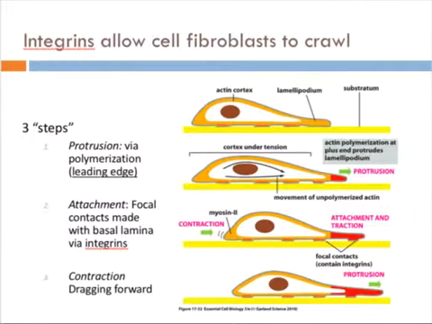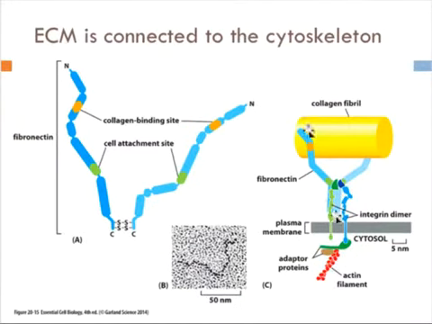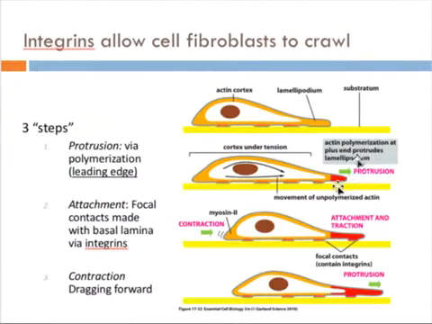We have actually talked about integrins before when we talked about how fibroblasts move, so this should look familiar to you. What we were talking about is actin. So here's our actin, and here's our integrins, and this is the extracellular matrix here. When a fibroblast moves, this yellow here would be our substratum, which in this case would actually be the extracellular matrix.